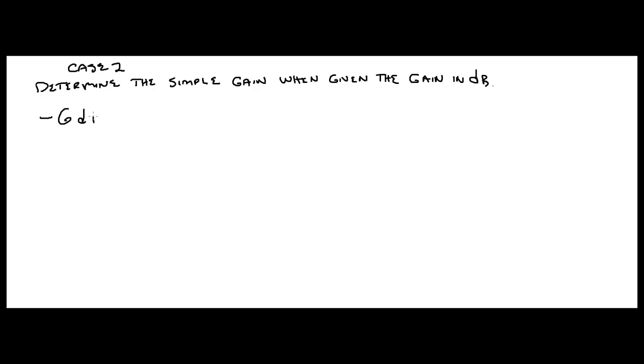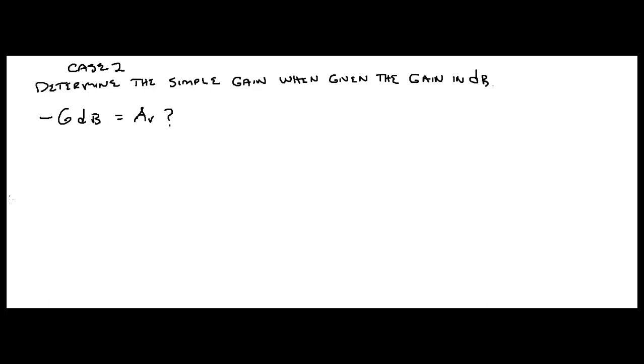Minus 6 dB equals AV. We don't know what that is, so let's figure that one out. So why don't you pause the video at this time and then give it a go, and then turn it on, and we'll solve it together.